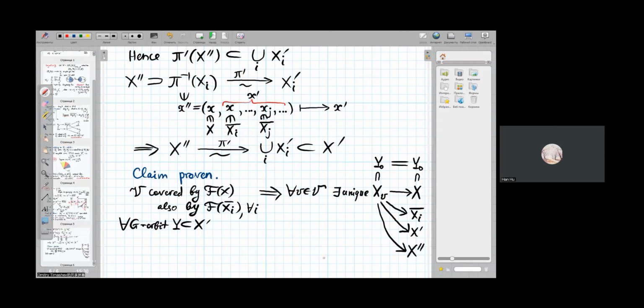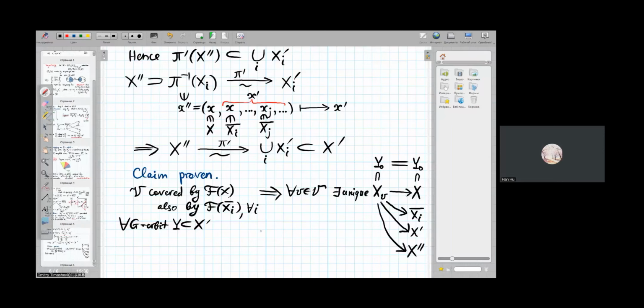No. It is some blow-down map, I can say. It is not an open embedding. It is only an open embedding on the open orbit. This we can guarantee. It extends the identity map on the open orbit. But generally, this maps the boundary divisor, dv, to some orbit in x, maybe of smaller dimension. So it is a kind of blow-down map. Okay?